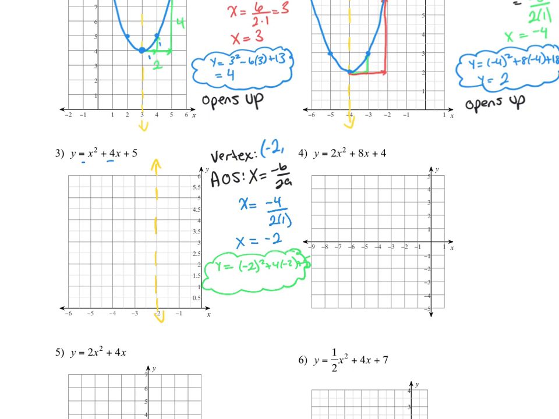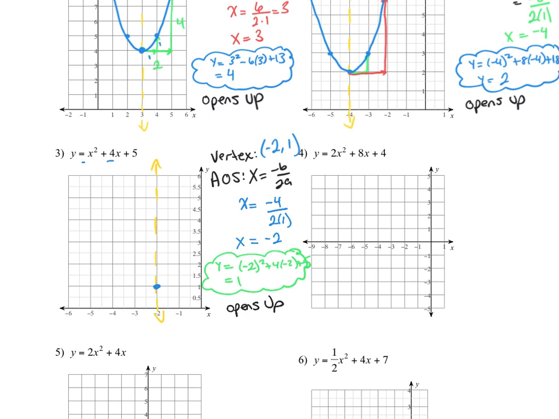So that's 4 minus 8 plus 5, it is 1. So we get the vertex of negative 2, 1. And this opens up because a is positive. Now, they don't always open up, okay, but we're just given a certain type today.